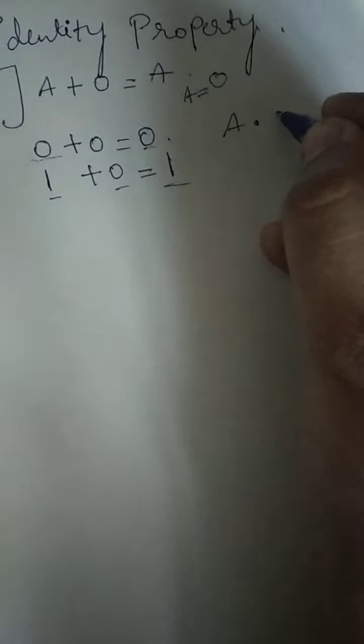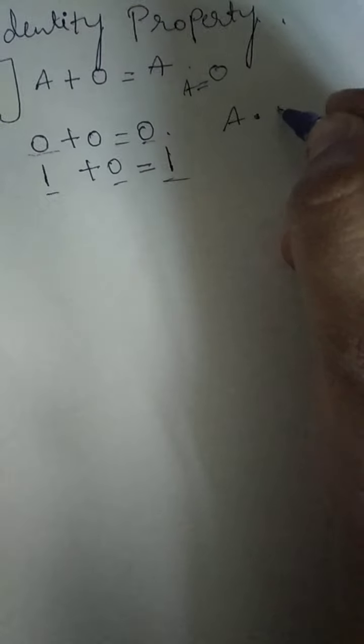So next we'll see a into 1. What will it give? Let's see whether a into 1 gives a. We'll put the a value as 0, then 0 into 1 is 0.